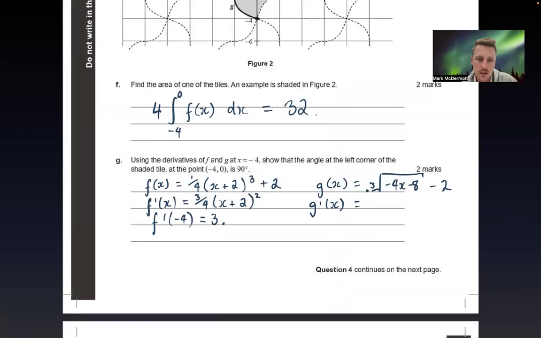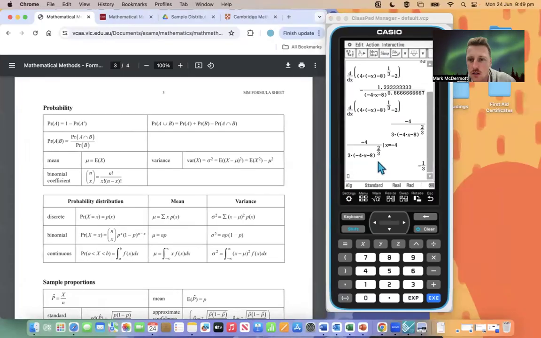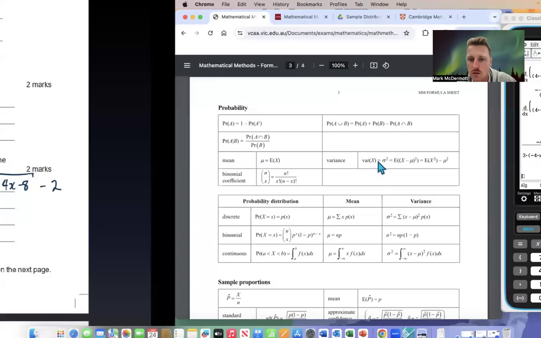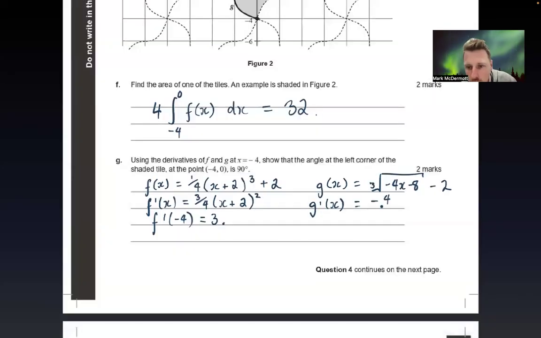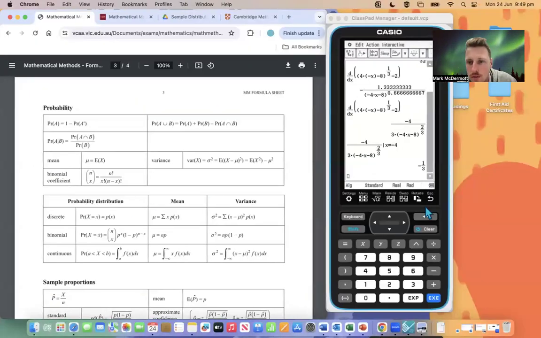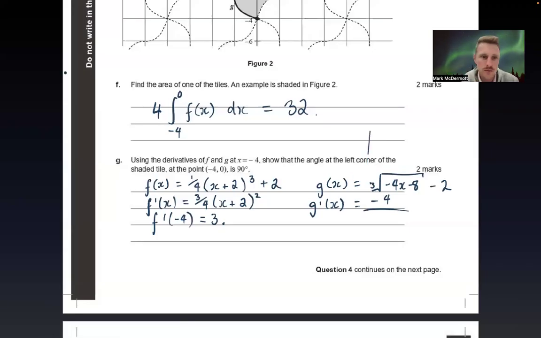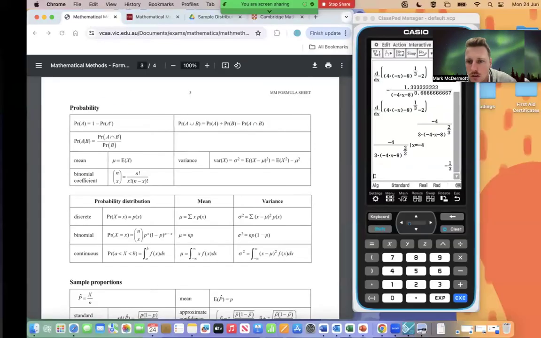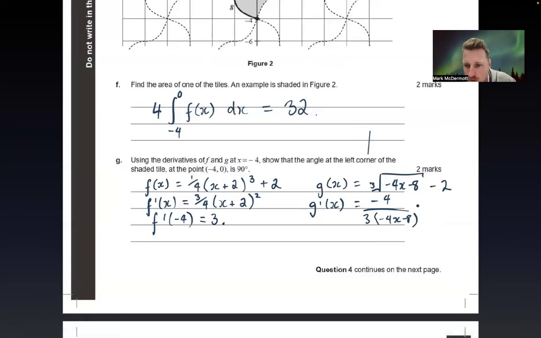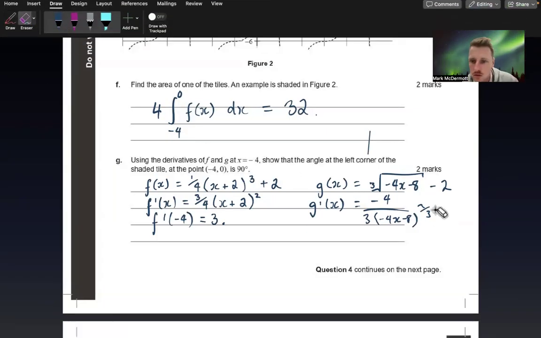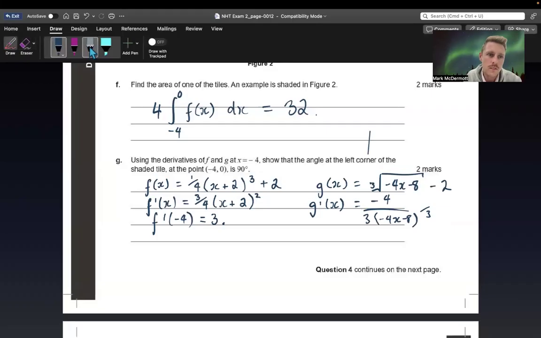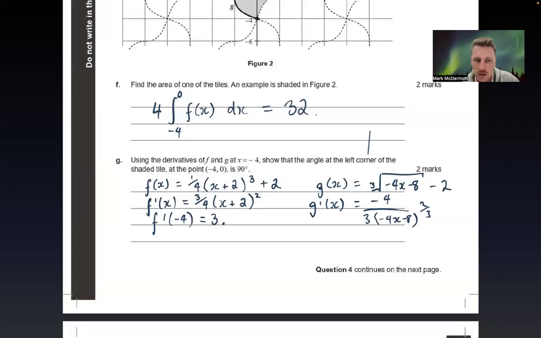So g dash of x, I'm going to write it as -4 on 3 times -4x minus 8 to the power of 2/3. Oh, that's a 2.